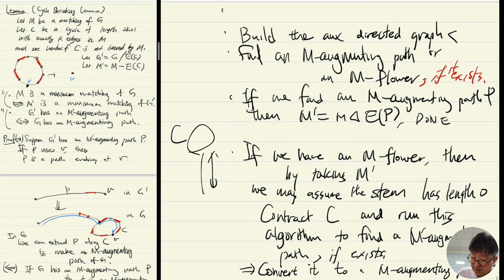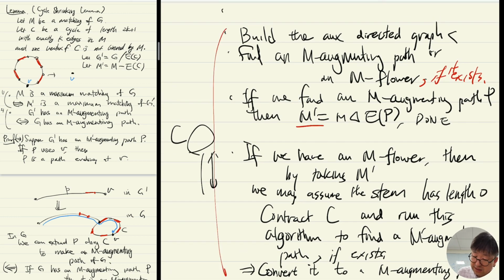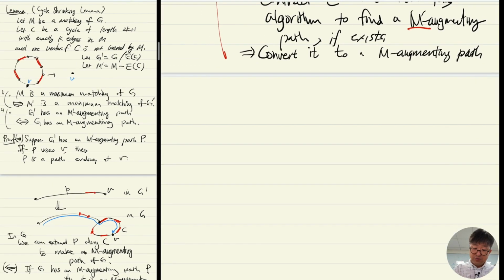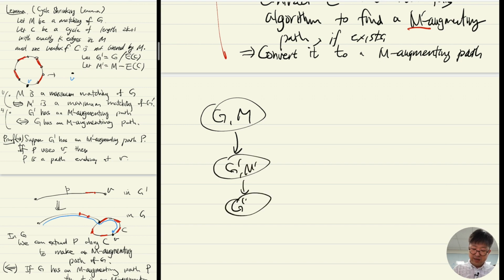Right. So what is the output? Well, the output is either this, or it says, oh, there's no M augmenting path, or it calls this subroutine again with a different graph and a different matching, right? M prime, and then G contracts C. But you keep reducing, so initially you start with the graph G and matching M. Whenever you find a flower, you have a new graph and new matching.